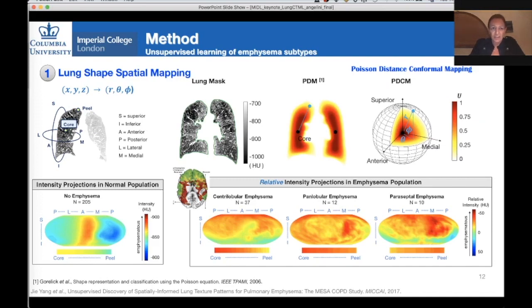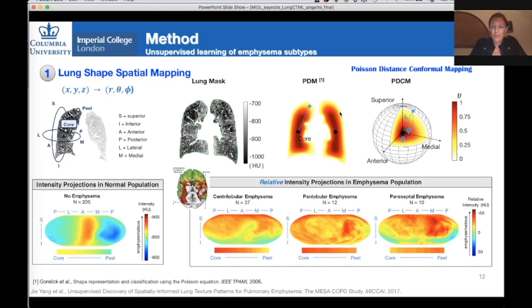So regarding the lung shape spatial mapping, we used a very old idea of encoding shapes using the Poisson equation. So having a lung shape here, segmented with a lung mask, we first define a patient-specific core position inside the lung, and then we use Poisson diffusion to encode every voxel in the lung with a radial coordinate that defines the distance from the core to the peel, being the outside surface of the lung.